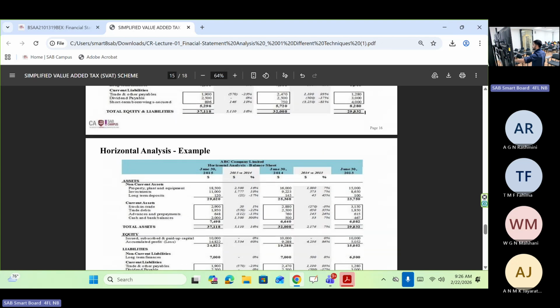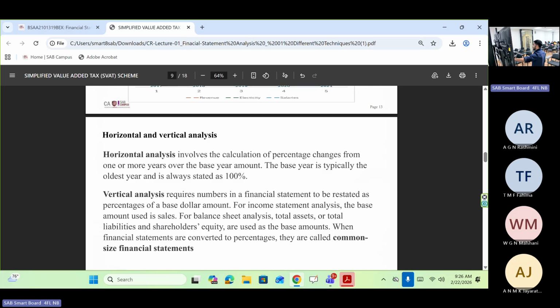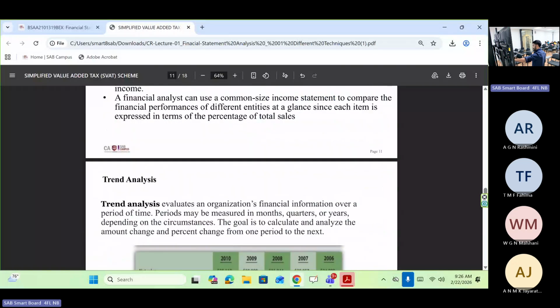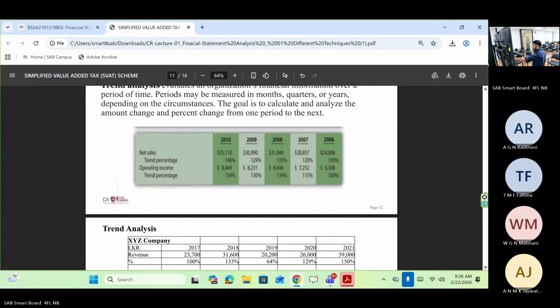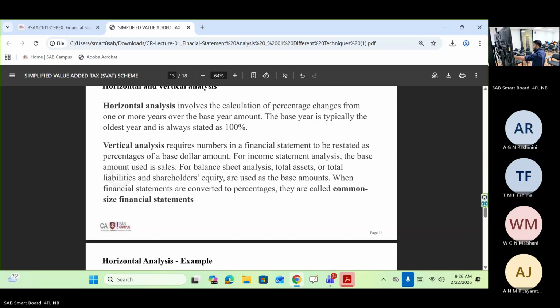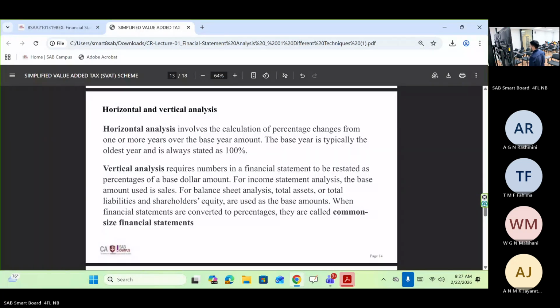What is that? Horizontal and vertical analysis.